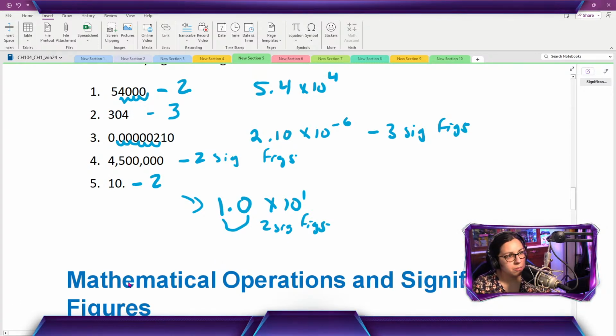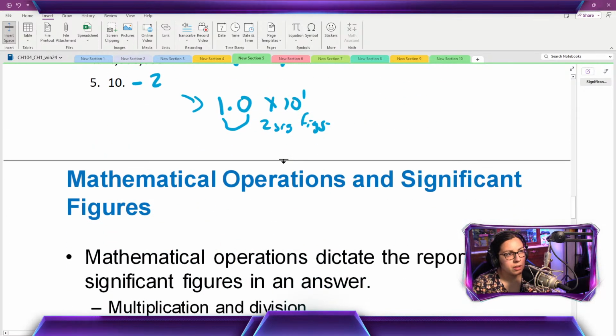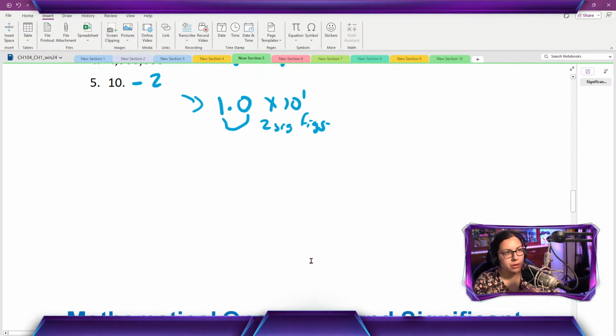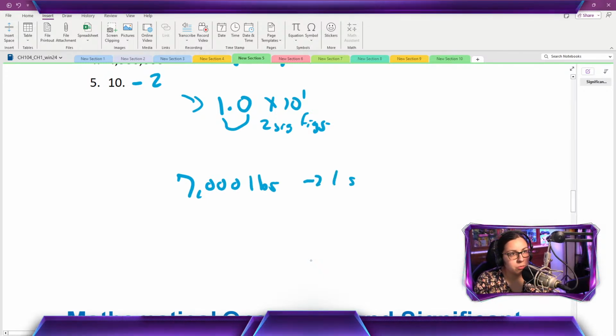And now let's talk about that 7,000 again and think about all the different ways to report it, or any number, right? So if we're looking at, let's just say, 7,000 pounds, and we want to report it, and we had said, well, this is only 1 sig fig, so that would mean our scale is pretty inaccurate. But this is where we can write it in different forms, in different ways of scientific notation, and it tells you different levels of accuracy.